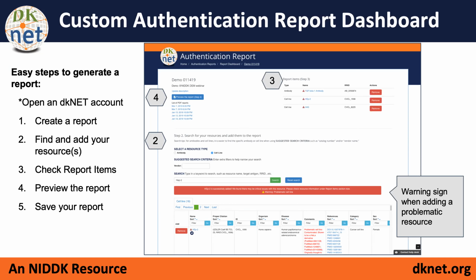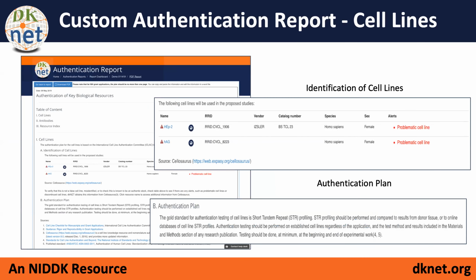Once you have a report, you can preview that and save that. And what you get back is a PDF document, an HTML document, which you can also snapshot to a PDF document, that basically has information on sections on the cell lines, on the antibody.